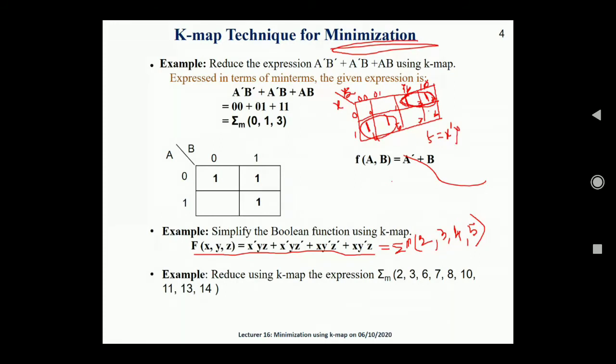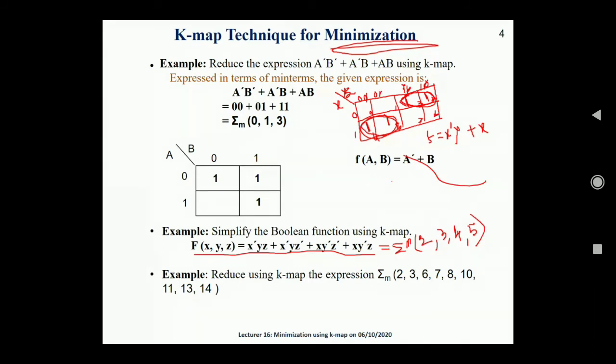This group is over. When we are going to the next group, see, this one is the next group. Here x value is what? 1. So here I am writing x. And after that we are considering this particular cell, because we are considering this particular group. So what happened? Here the second bit is 0, and the second bit of the other cell is 1.